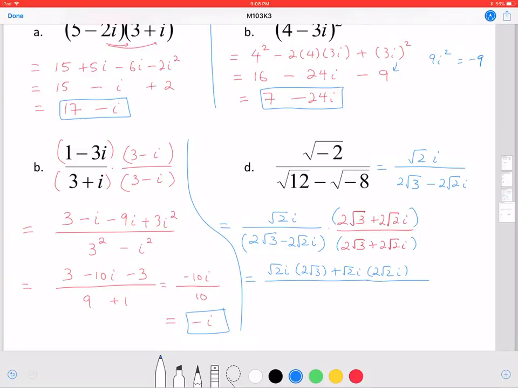The denominator is going to be 2 square root of 3 quantity squared minus 2 square root of 2i, that's squared.